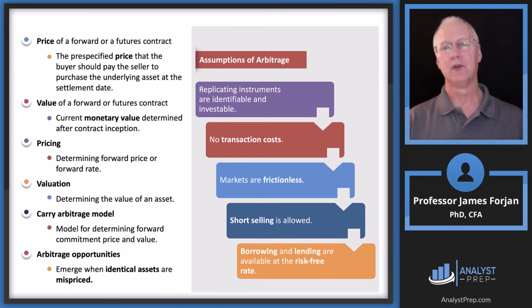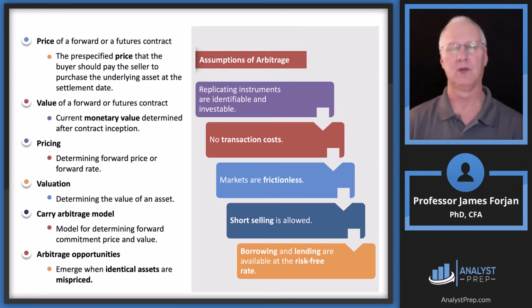Now, of course, if you and I enter a forward contract over the next 3 months, what's going to happen during that next 3 months is that the price of that underlying asset is going to fluctuate, right? Some days it'll go up and some days it'll go down. And so during that interim time period, before the maturity date of the contract, one of us, or perhaps even both of us, might want to know what the value of our position is. And that's where the word value comes from.